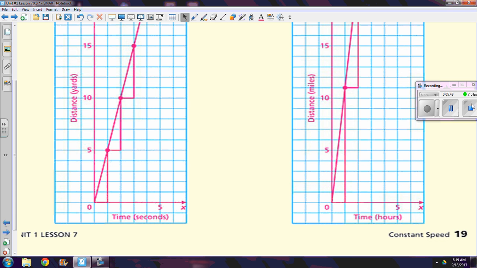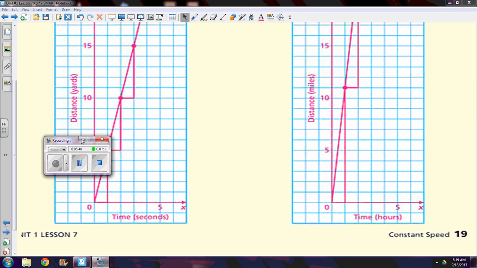For problem number 2, let me move this over here. Same thing, but now you're dealing with hours. So you have 0, 1, 2, 3, 4, 5 on the x-axis, time in hours. Then you have distance in miles, 0, 5, 10, 15, and so on. And then in between 0 and 5, you have 1, 2, 3, 4, 5.